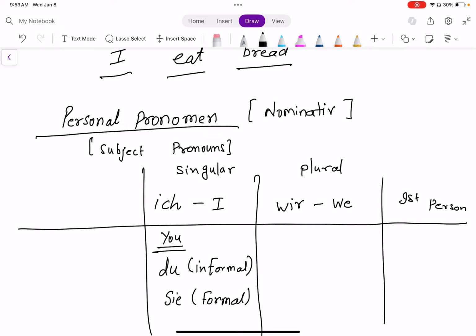Then plural, you can say ihr. Don't get confused between these two, similar ones. I'll explain this very clearly. They are identified by the conjugations of the verb. So ihr means you all.